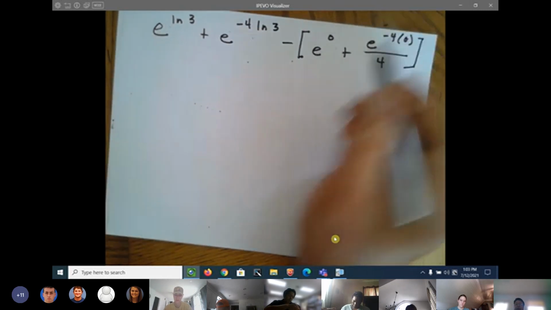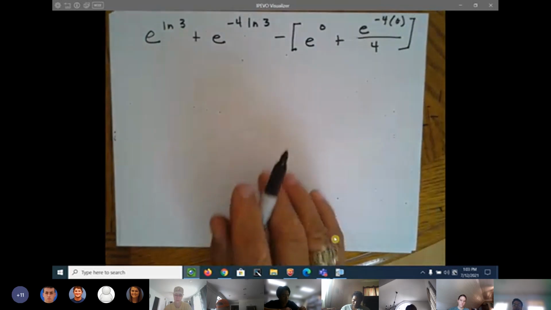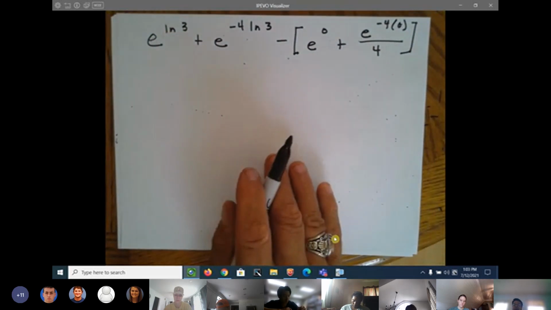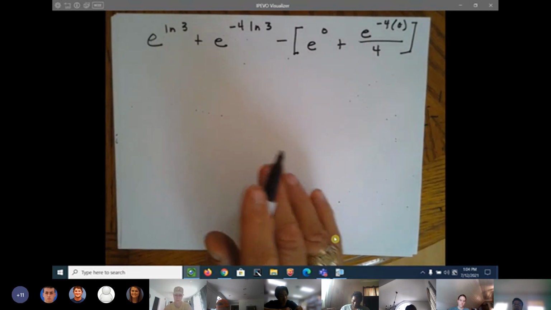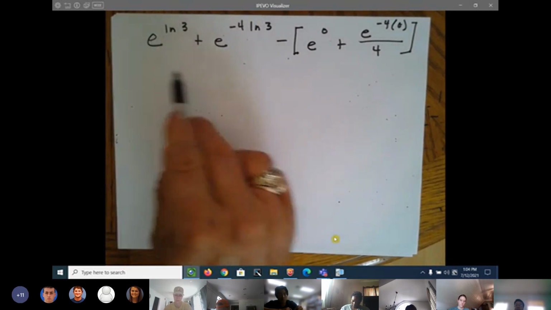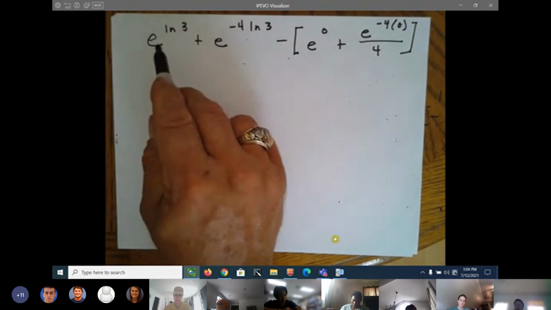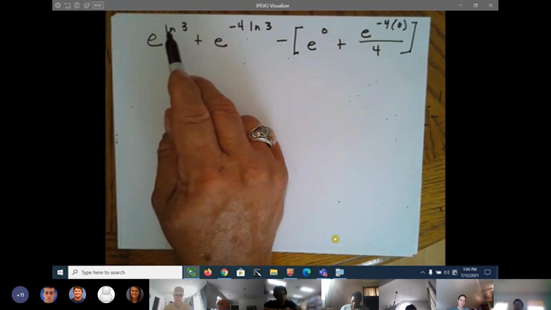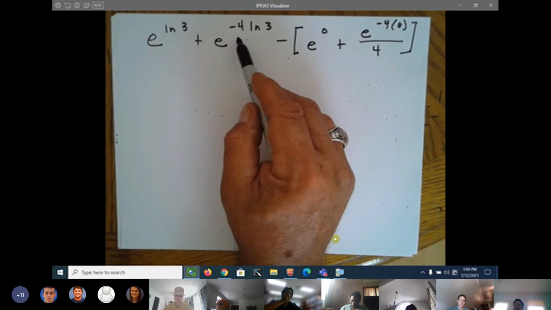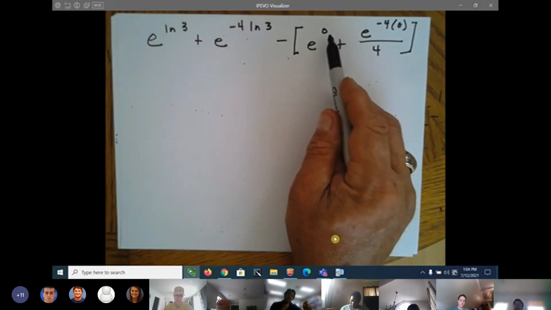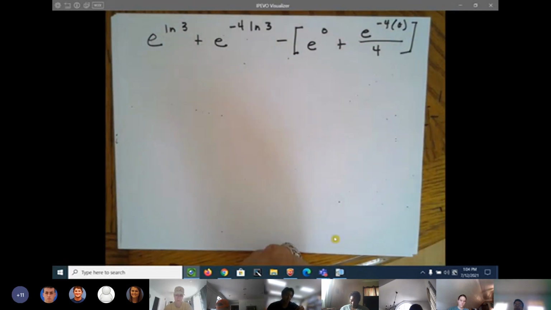Now I want you to use your natural log e and logarithmic properties in here. There's one property right here, and there's two properties right here. And of course, y'all know what anything to the 0 power is.